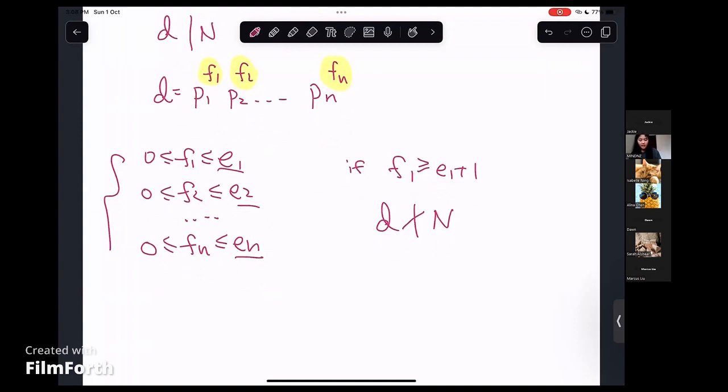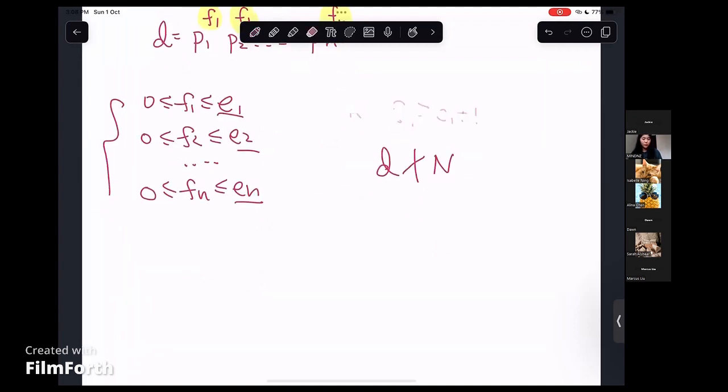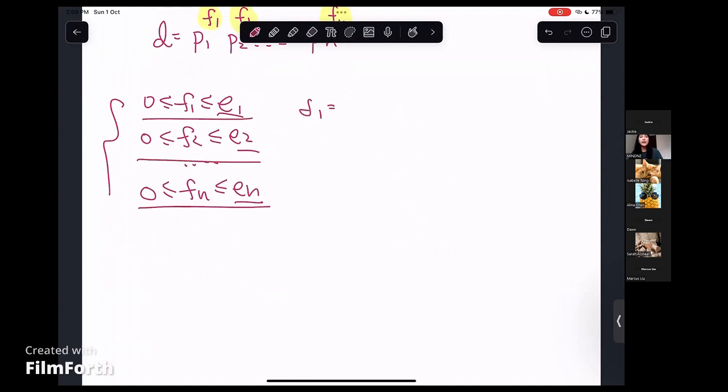Now I'm saying this because with these conditions, how many values can we choose for f1? What are the possible values we can choose for f1?